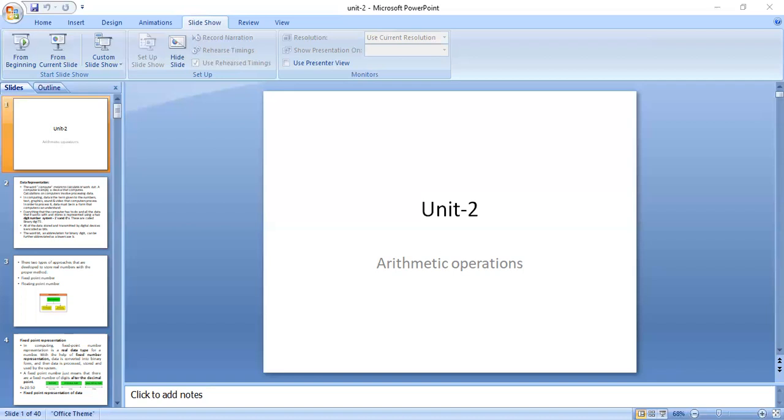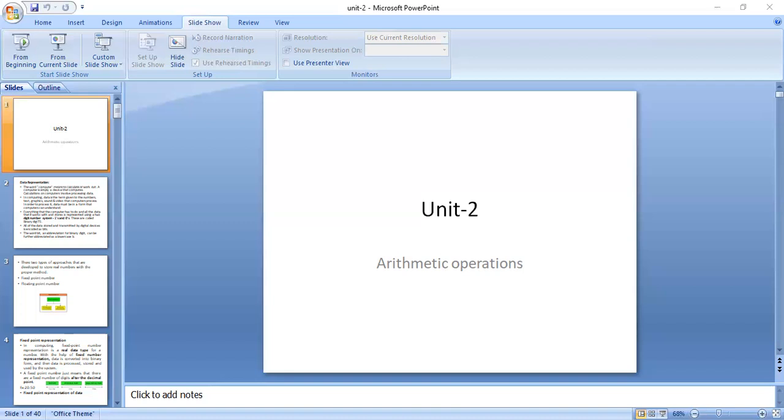Consider a 1-bit register Q minus 1 and initialize it to 0. Consider a register A and initialize it to 0.